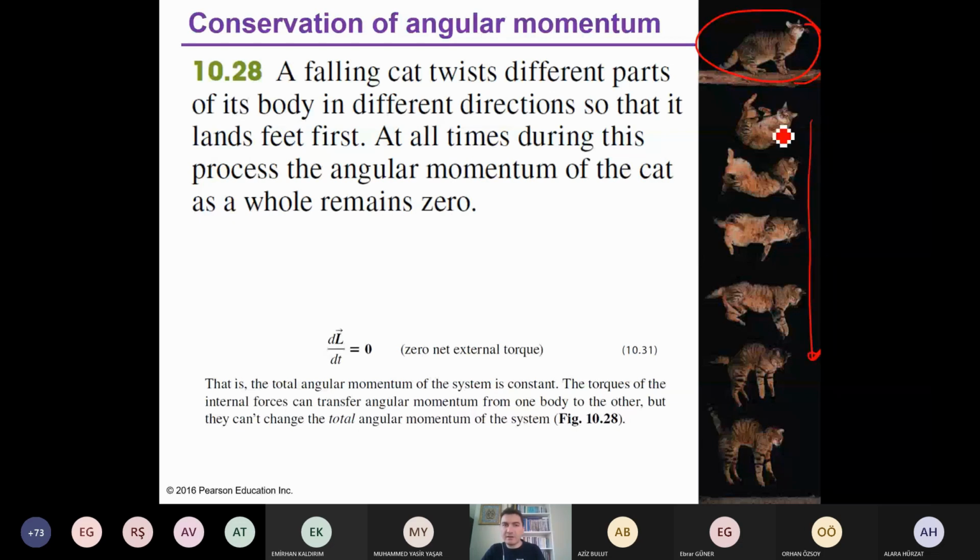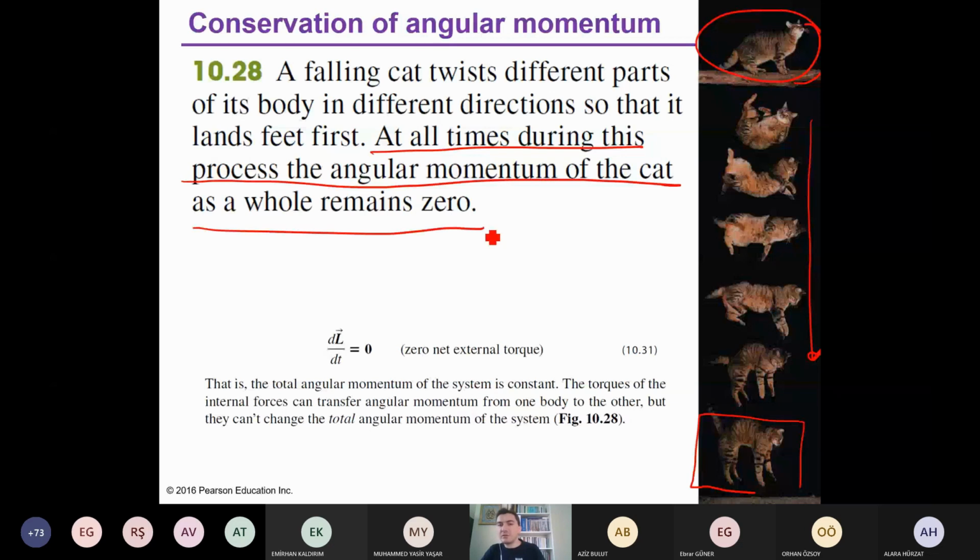During this falling, the cat pivots different parts of its body in different directions. Then it lands feet first. At all times during this process, the total angular momentum of the cat as a whole remains 0 because the net torque acting on the cat is 0.